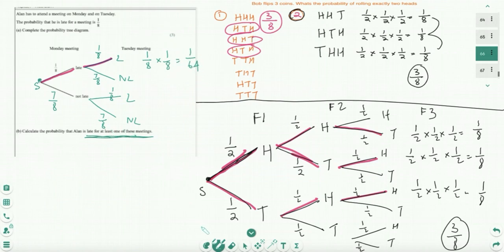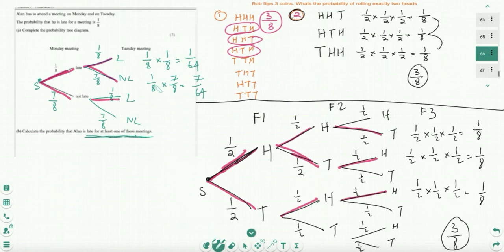Then another way you can be late at least once is late and not late. He's late, that's at least once. So let's combine these two. 1/8 and 7/8. 1/8 times 7/8 is 7/64. What's another way he can be late at least once? Well, not late and late.